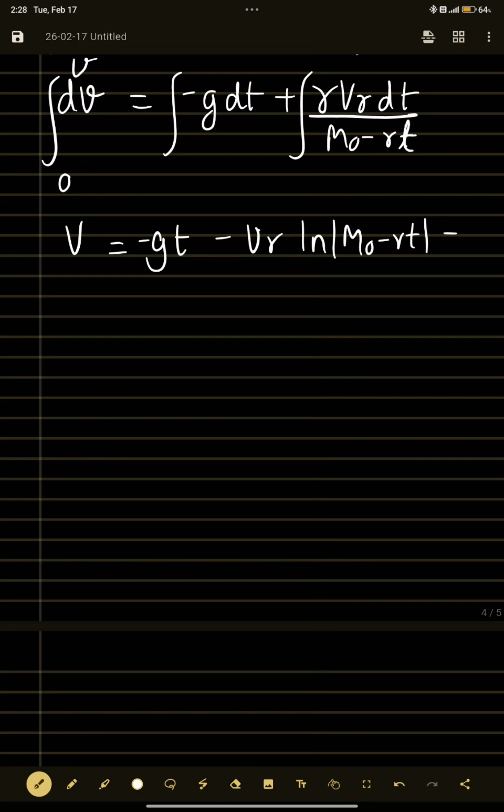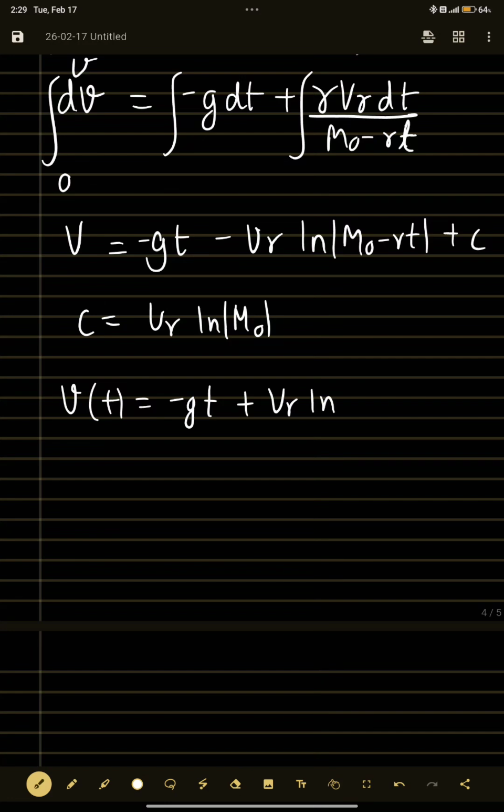At t equal to 0, what is V? 0. So this is 0 and this is minus VR ln m naught. So on that side it becomes VR ln m naught. So what you get for V as a function of time is minus dt. Are you getting this expression? Yes.